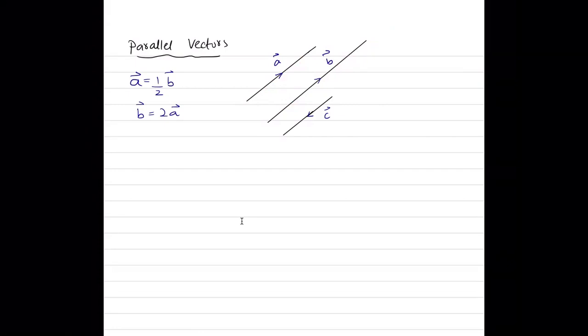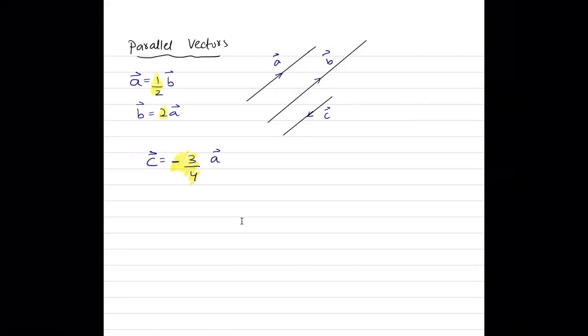Similarly, vector C is in the opposite direction, and let's say for C, it's 3/4 of vector A, but in the opposite direction. So for the opposite direction, we are going to write a negative scalar number. So all these values are scalar numbers.